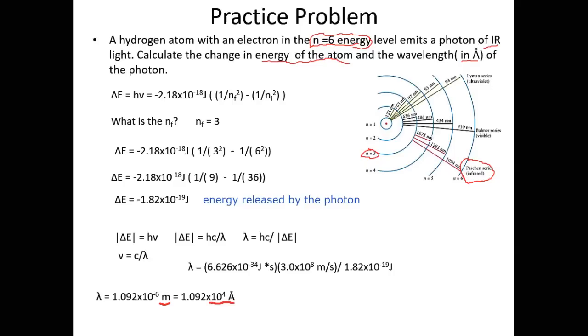Remember, 1 meter equals 10 to the 10th angstroms. So you multiply 10 to the negative 6 by 10 to the 10th, you get 10 to the 4th. I'll give you a few seconds to look over this before we continue.